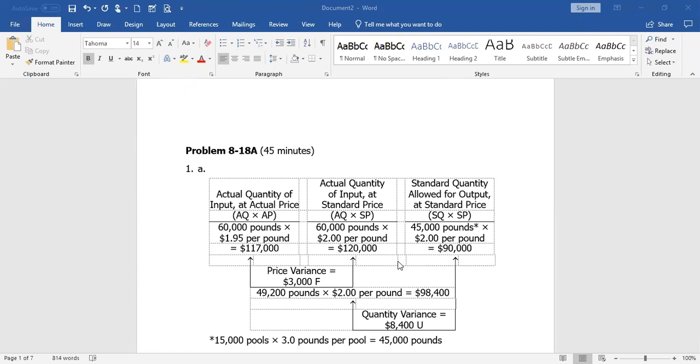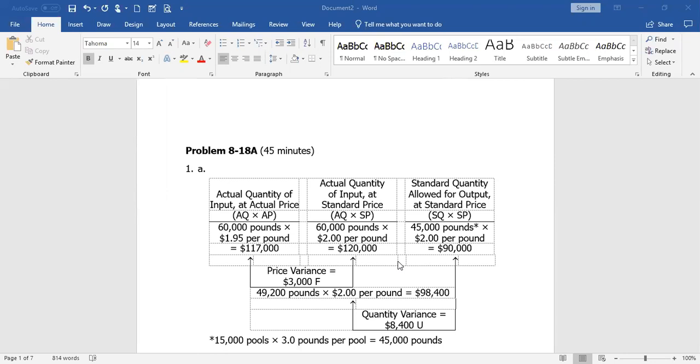The next thing we do is do a budget. So that middle column you could look at as our flexible budget computation. And the last column is our planning budget computation.